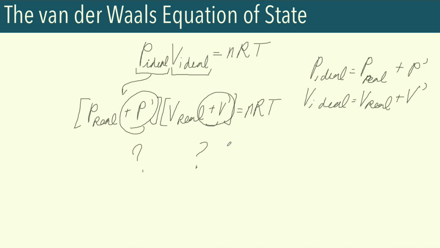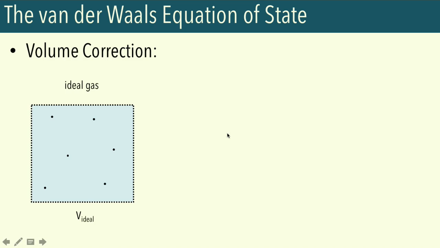So let's look first at the volume correction. Let's consider again an ideal gas. An ideal gas is going to have the ideal volume. We pictured our ideal gas as just point particles, so the actual gas molecules do not occupy space.